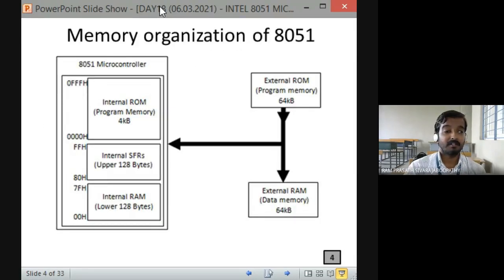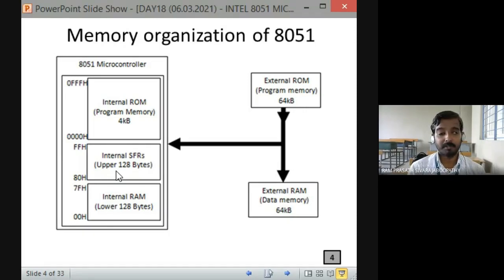So already we have discussed this in the previous class. To have some continuation, I'm going to recap it one more time. So on-chip ROM, we are having 4 KB of memory, then internal RAM of 128 byte. We have to understand one thing. When I say on-chip ROM, what about the size of address?